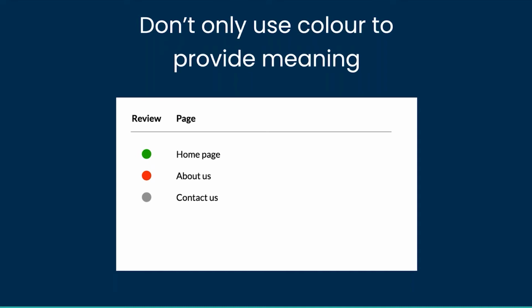So green's passed, red's failed, and the grey, it hasn't been reviewed yet. So if a user has issues with color, like any sorts of color blindness, then it's not necessarily going to be obvious what the statuses are for these pages.